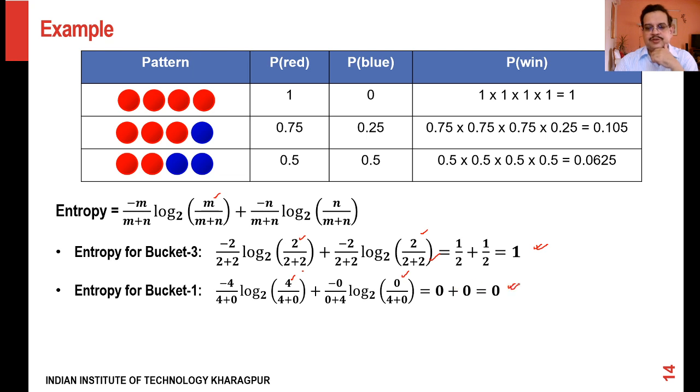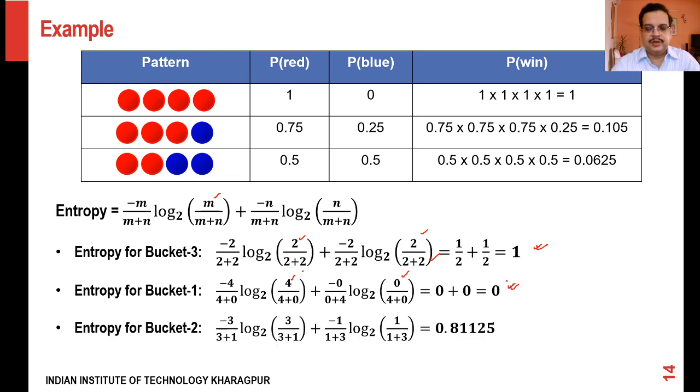So here the entropy is 0, which means there is no entropy at all, and that is true because I can with 100% certainty decide that whatever pattern I pick up will be all reds. And the entropy for bucket 2, by similar application of the formula, will be 0.81125. So it is not as bad as the third bucket, but it is quite inferior to the first bucket, because I cannot decide with probability 1 that I get exactly the sequence that was shown to me.